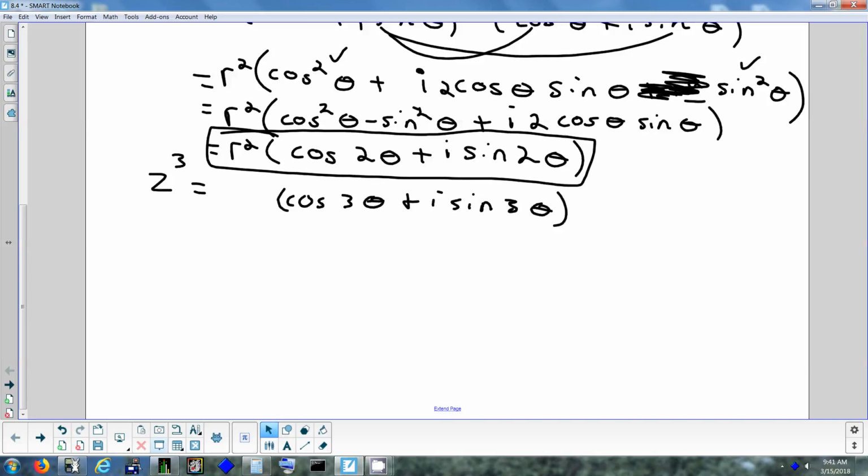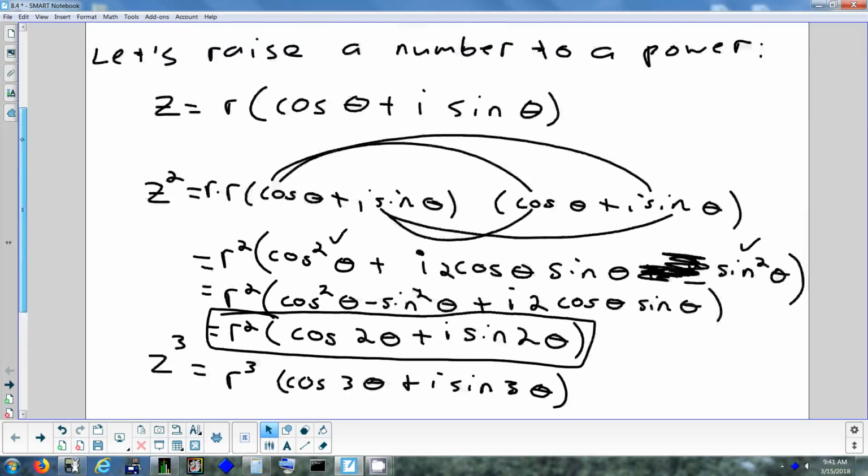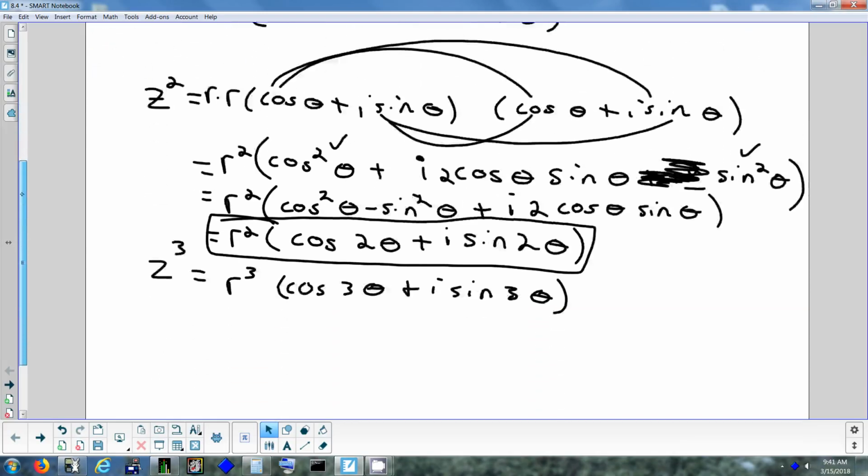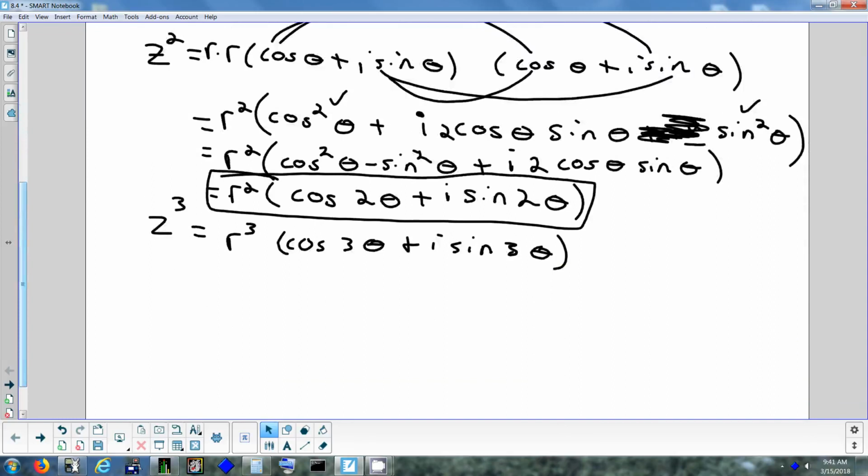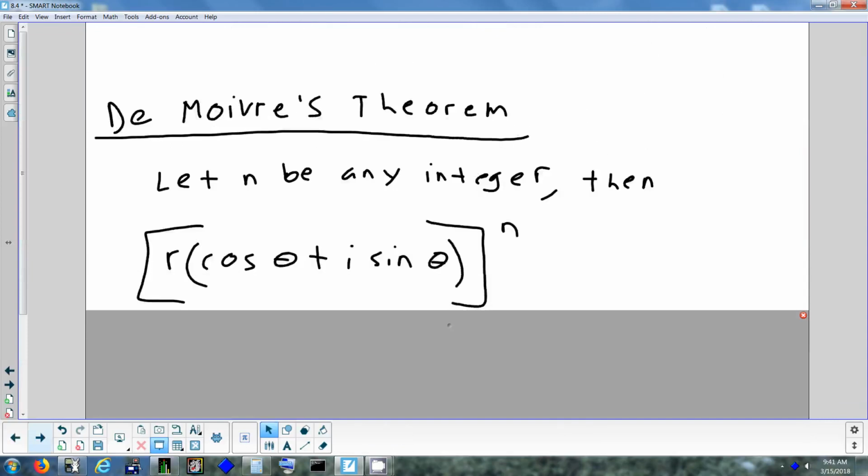Yep. Times r cubed. So, what I'm trying to show you here is this suggests a pattern. And the pattern is, if you want to raise a complex number to a power, you raise the radius to the power, and you multiply the angle times the power. And there's a name for that, and that's pronounced DeMoivre's Theorem.